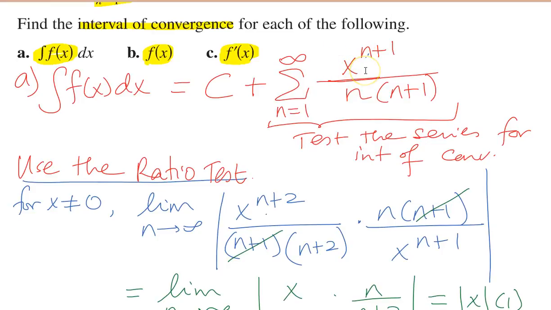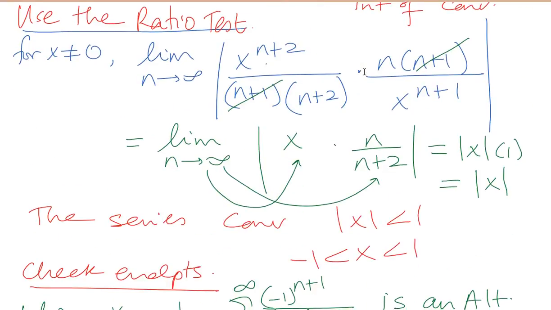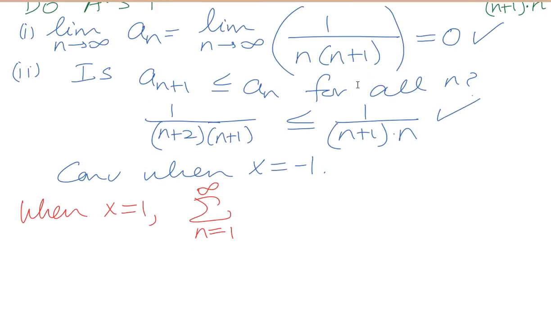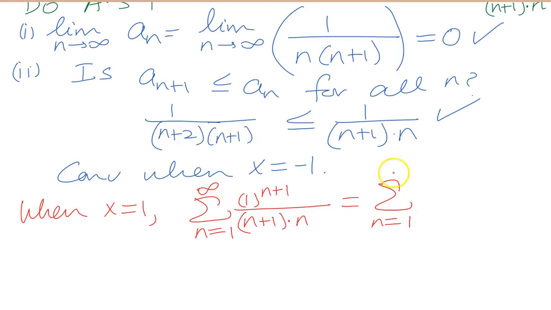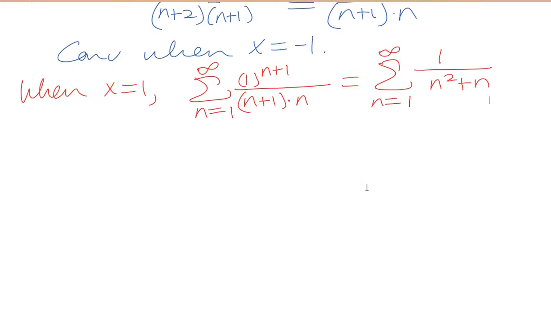That's the series obtained by integrating f of x. Come down, replace x by 1. 1 to the power n plus 1 over n plus 1 times n. If you simplify this, guys, 1 to the power n plus 1 is simply 1, and this is n squared plus n. So that is the series you end up getting at the right-hand endpoint x equals 1.